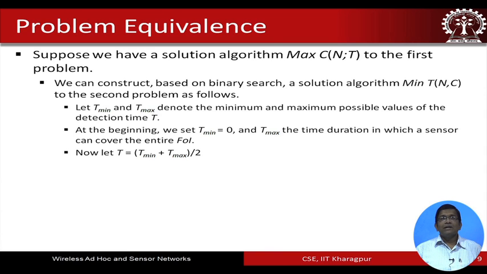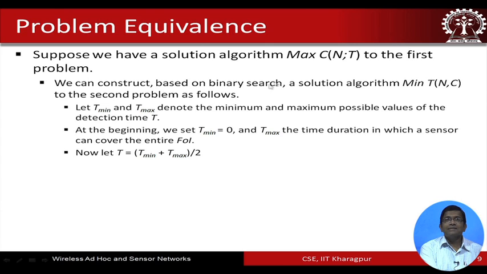So, the problem equivalence is like this. Suppose we have a solution algorithm which maximizes the coverage given N and T to the first problem. Then, using a binary search kind of approach, we can construct a solution algorithm that minimizes T given N and C to the second problem, as follows.